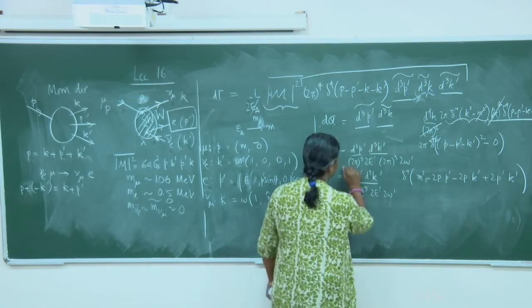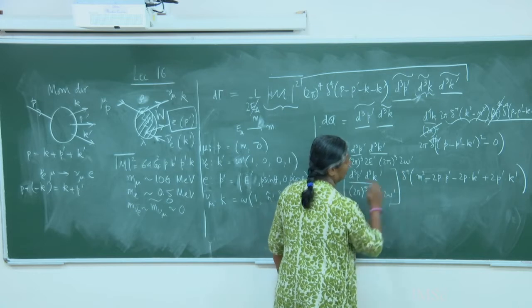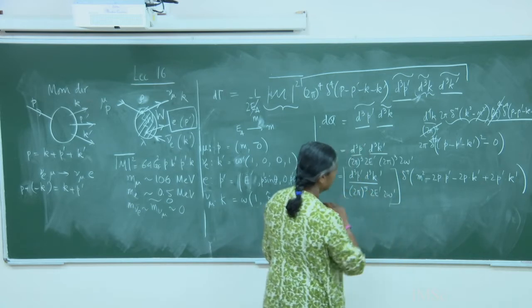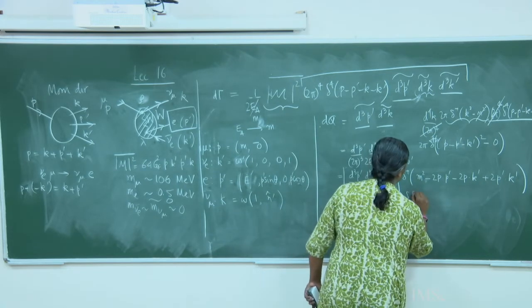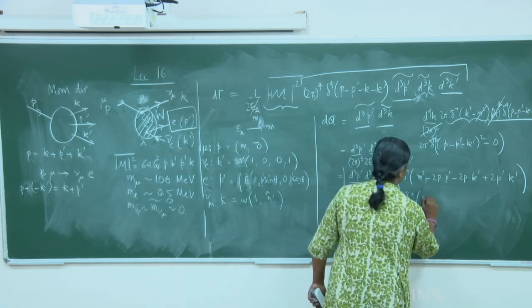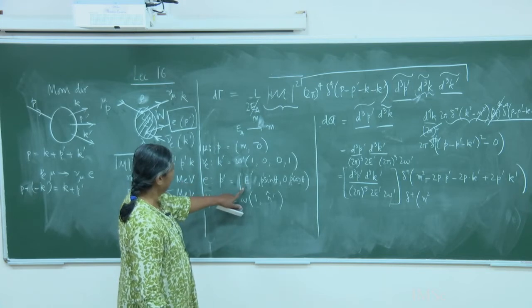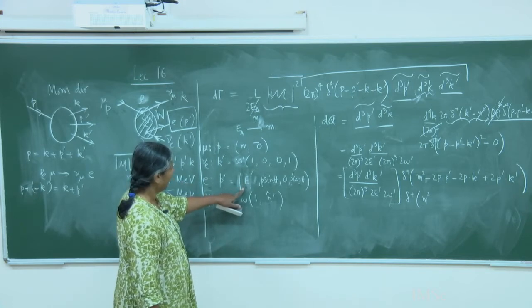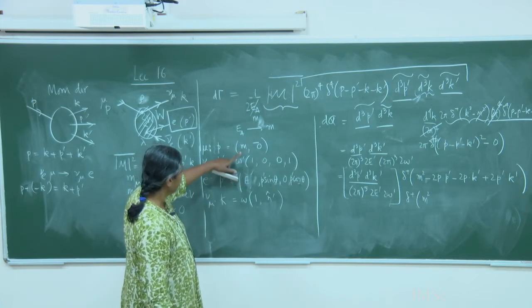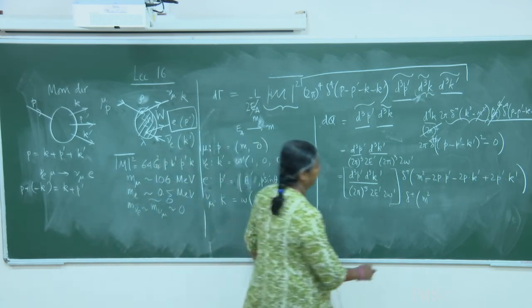Now I'm not going to keep writing this because that's boring, I'm just going to look at this. Now let's do this substituting over here. So m². Now what is p·p′? You can see that p·p′ is simply m E′.